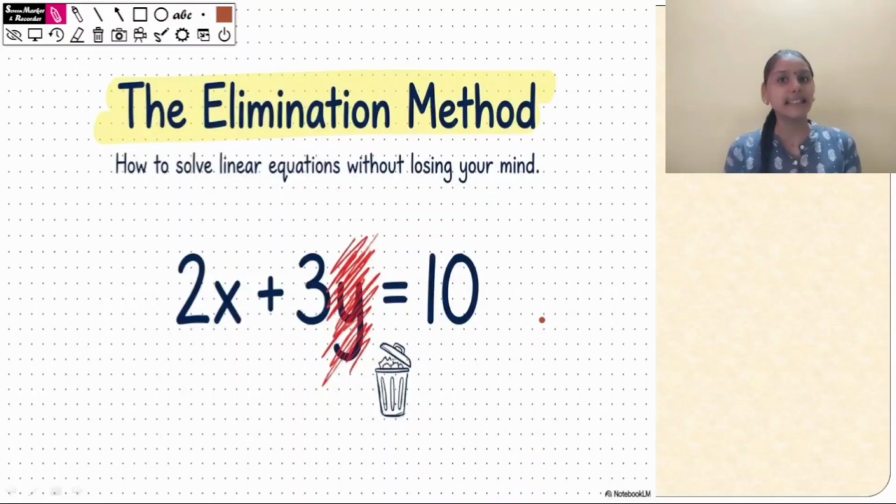Don't you feel it is a lengthy method? So to make it easier, in this method we are going to eliminate, in the sense of deleting, one of the variables, x or y, according to the equations we get. Whichever we feel is easier, we are going to do with that. Understanding? So yes, let's get started with the lecture.